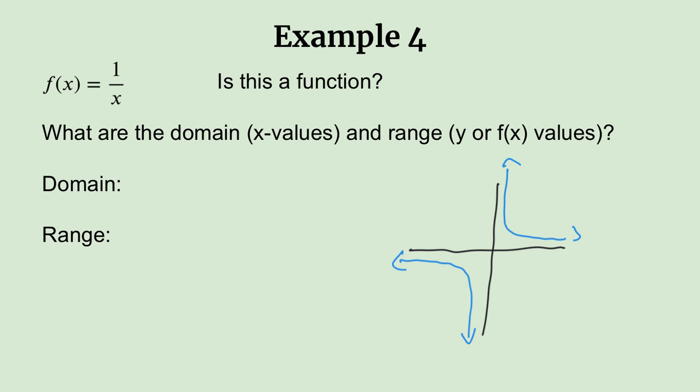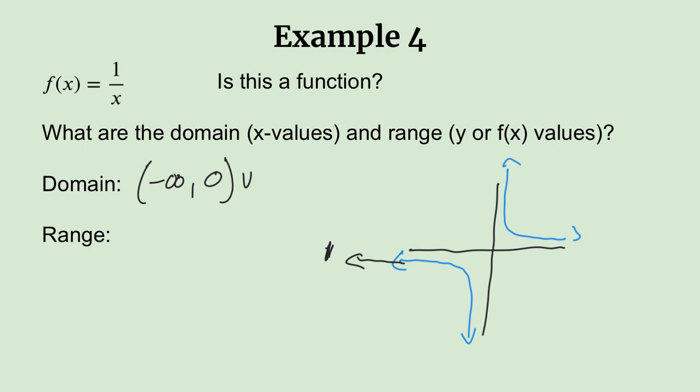Our domain, so for x values all the way over here, this line is going towards it, right? So that means we've got -infinity, and then it approaches 0, but it doesn't cross 0, so it would be to 0. And then we can't be at 0, so we put a parenthesis. So it means we can get really, really, really close to 0, but never touch 0.